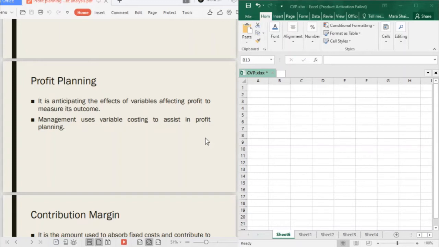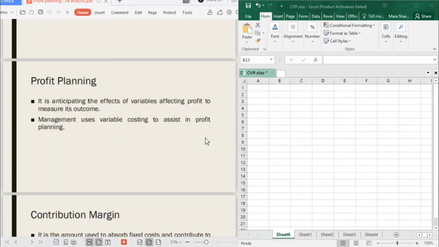Now, when we say variable costing, it stresses the relationship of sales to profit itself. And what are those factors, or the variables included therein? One of those factors we've already discussed in our previous discussion when we were talking about cost behaviors. So, we were talking about the cost aspect.